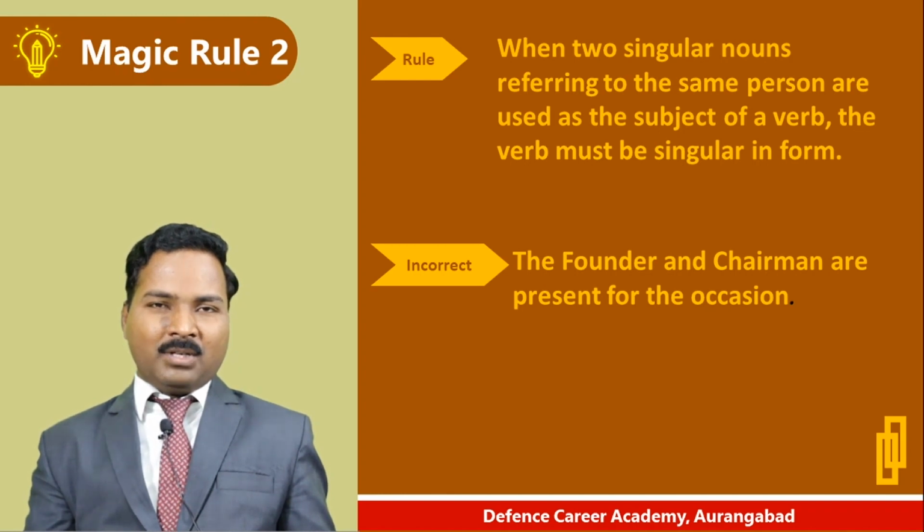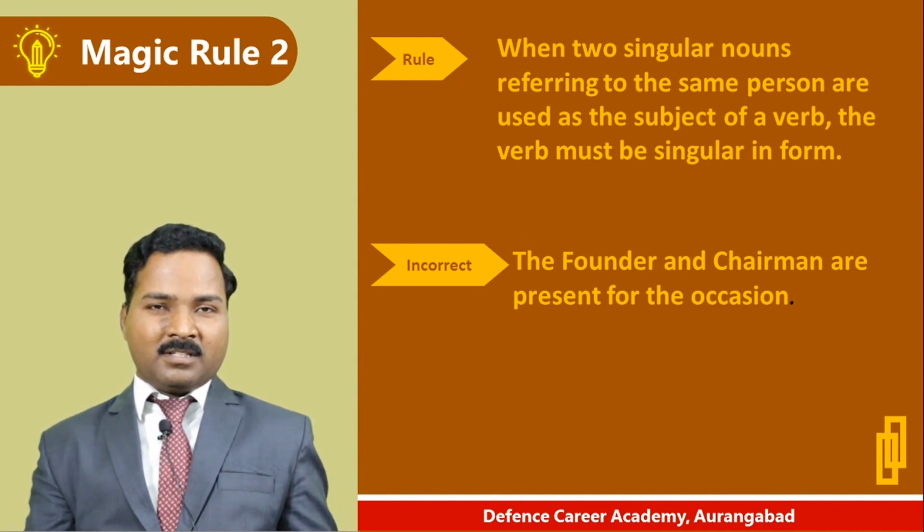In this example, the founder and chairman are singular nouns, but both of them are referring to the same person. How can we identify that both of these nouns are referring to the same person? By the use of this word the. The is used only before the first noun. It is not repeated before the second noun.